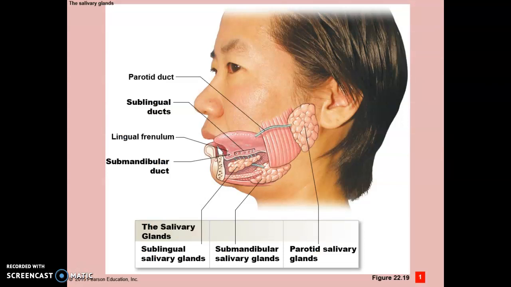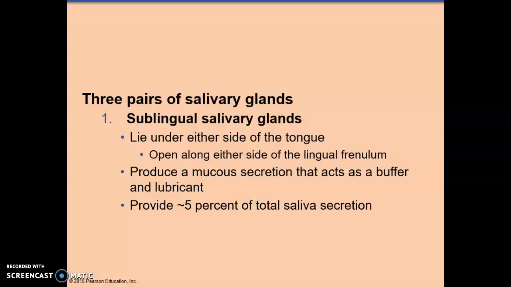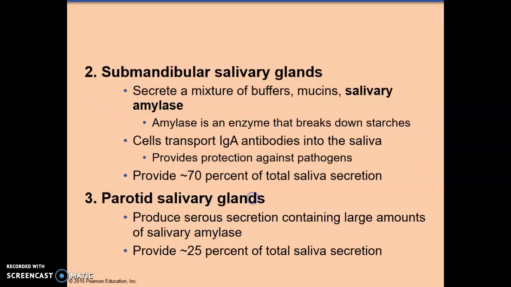So your 3 salivary glands: your parotid in front of the ears, sublingual under the tongue, and submandibular under the mandible. The sublingual produces a mucus secretion that acts as a buffer and lubricant. It provides 5% of total saliva secretions.